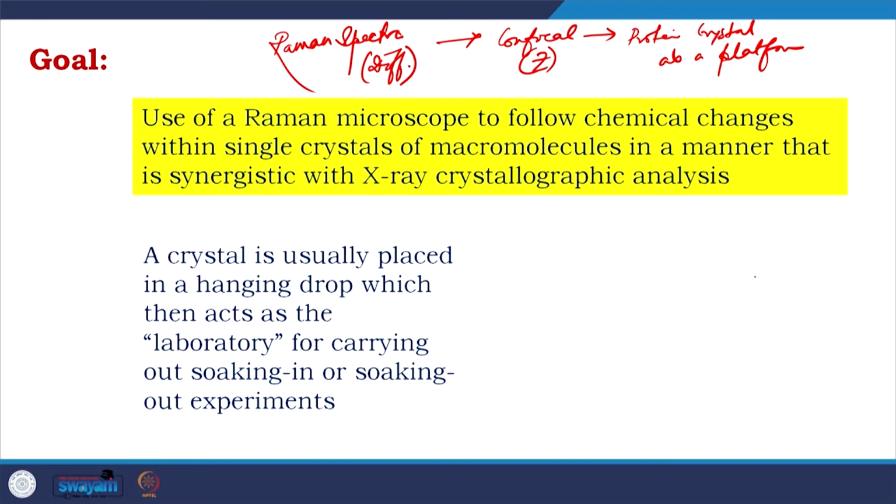You have the crystal in the drop, you add the small molecule, it goes inside, and it would only be counted, only be visible, if it comes inside, because in the instrumental setup we are only scanning the Z axis, we are not accepting any other rays, any other information coming from other sources.